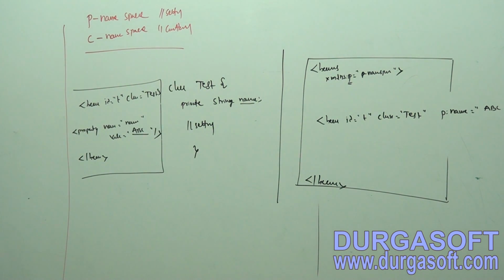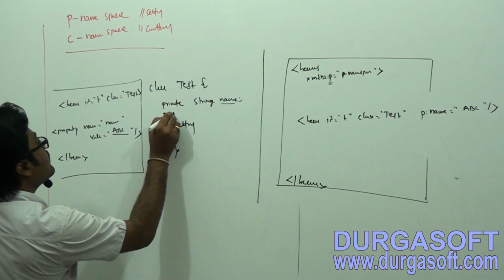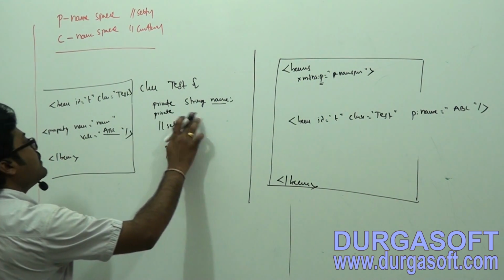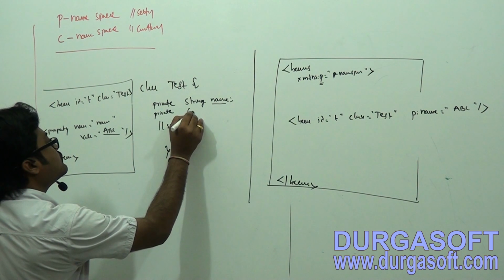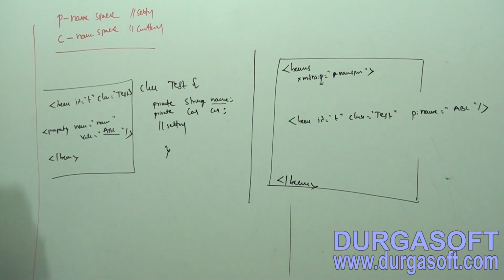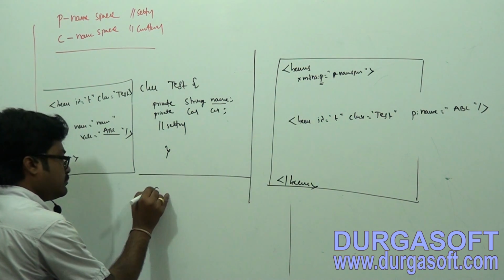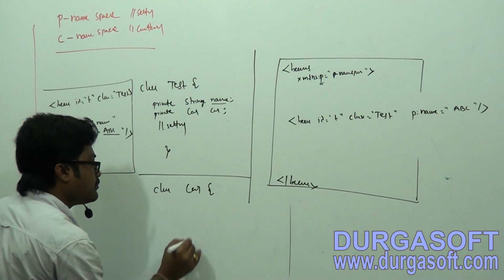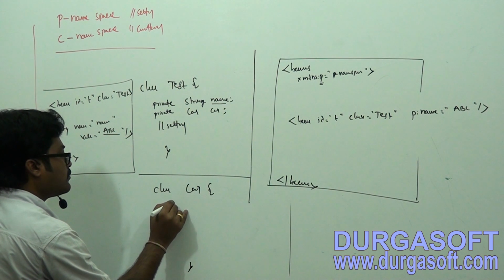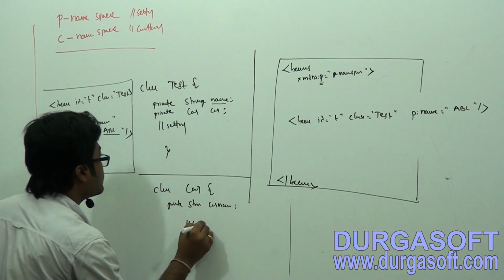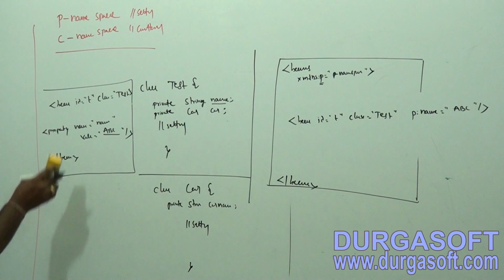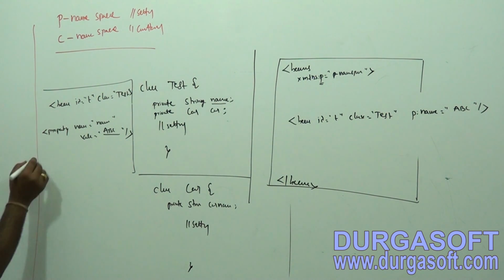In case it contains any secondary type, private, if it has any secondary type here, if TestClass is having a dependency of car.